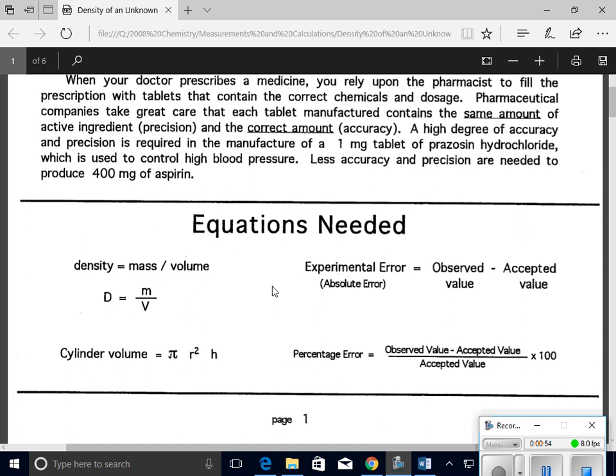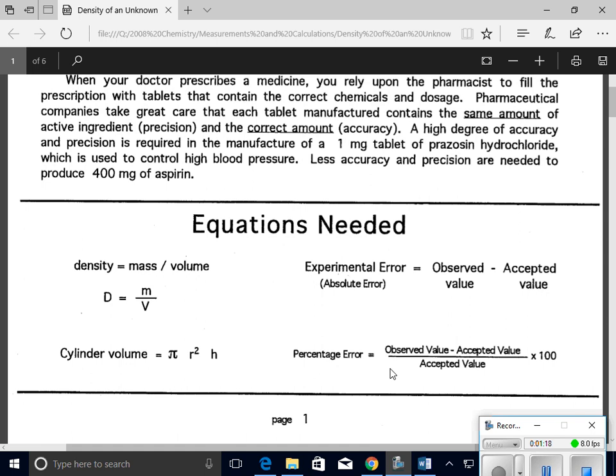Now, what we are going to do, you're going to need these equations. We should know that density is equal to mass divided by volume. You're going to need to be able to calculate the volume of a cylinder. Experimental error, which is also called absolute error, is the observed value minus the accepted value.